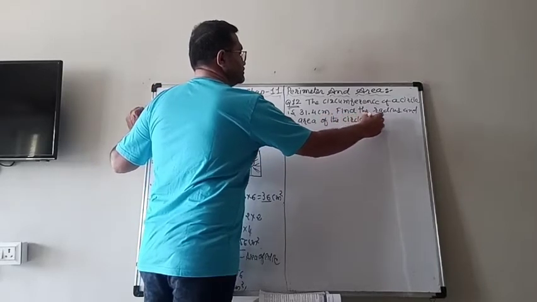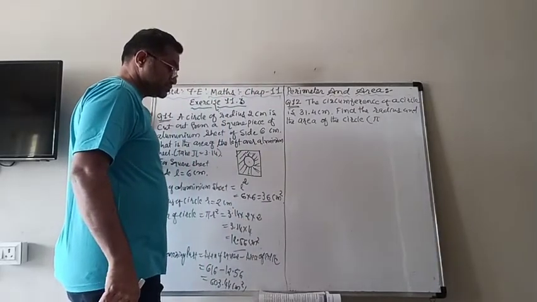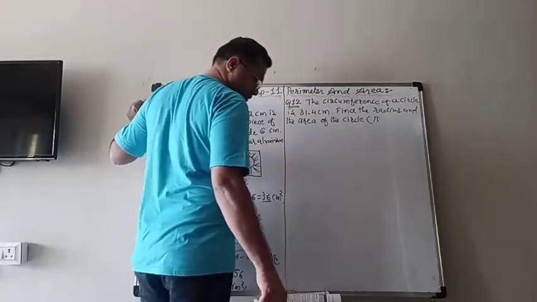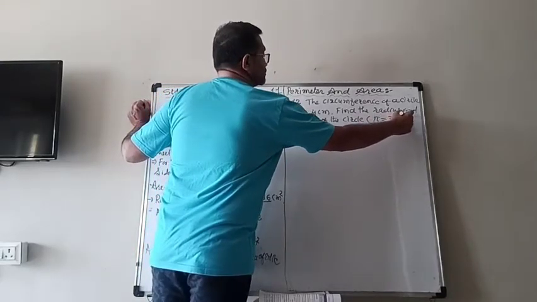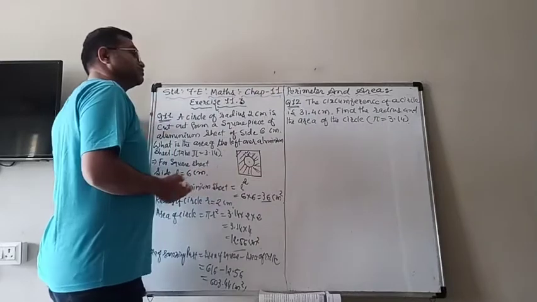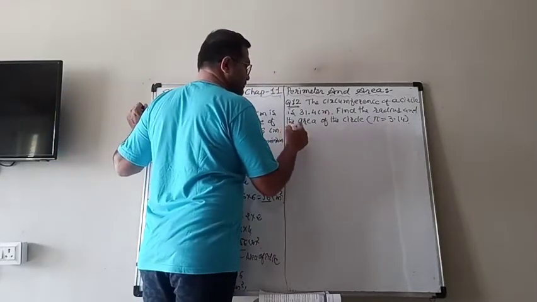And here we have to take pi equals 3.14. So now, circumference is given.